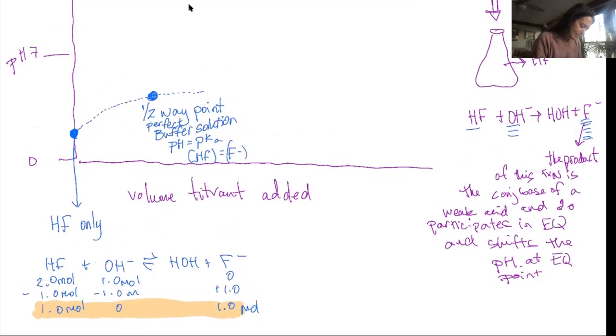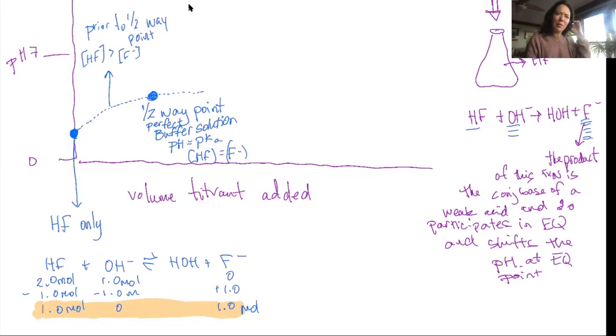Now, before the halfway point, what do we have excess of? We have HF is greater than F. And wouldn't that mean that the pH would be less than the pKa?